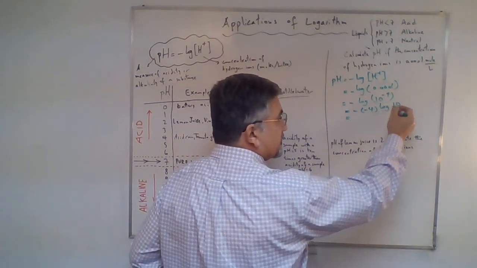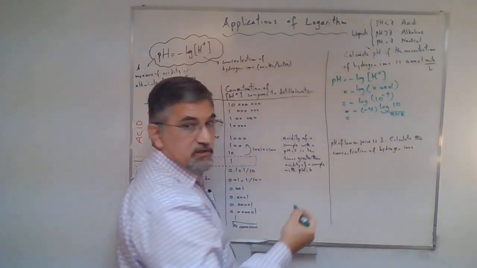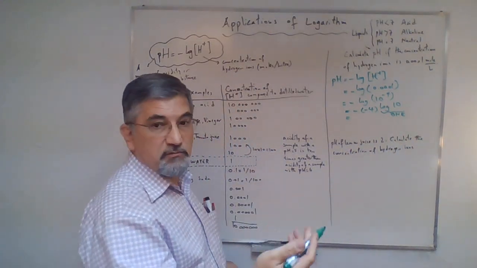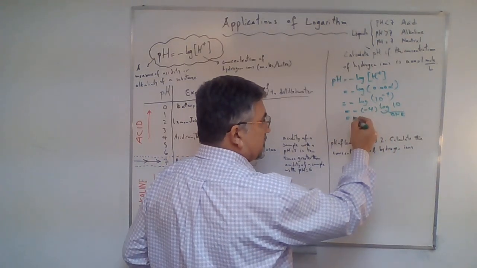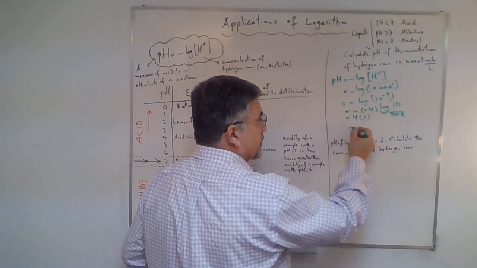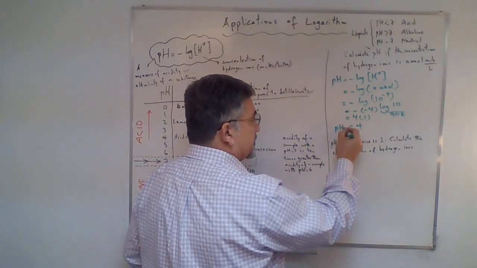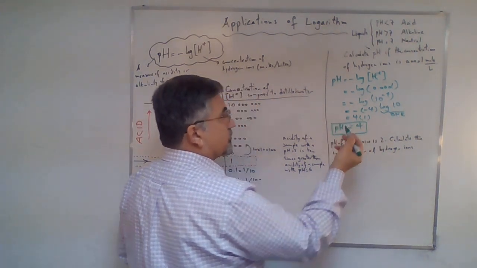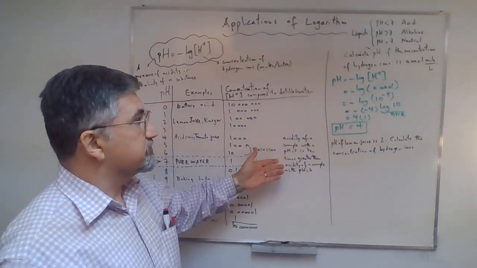So what would be log of 10 base 10 in your opinion? I think it's going to be 1. Log of any number to the same base is always equal to 1. So when you multiply 1 by 4, you end up with 4. So this means that the pH of this liquid or this substance was equal to 4 actually.